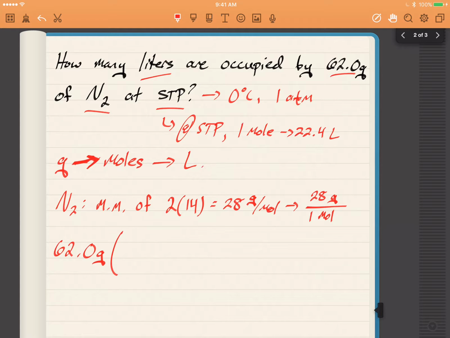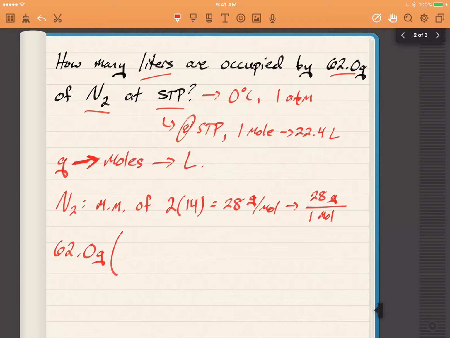Well, I use a conversion factor, right? And let me see, I can either put the 28 grams on the top and the 1 mole on the bottom, or I can do it the other way around. What I want is for the grams here to cancel out. But that doesn't happen this way because grams can't cancel if it's on the top and on the top.